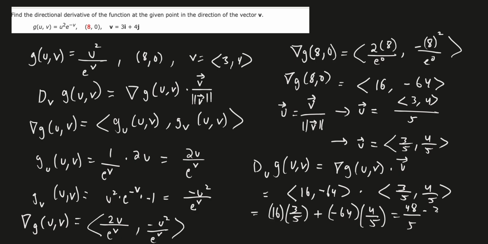To subtract these two, we have 48 minus 256 over 5, which is, of course, negative 208 over 5.